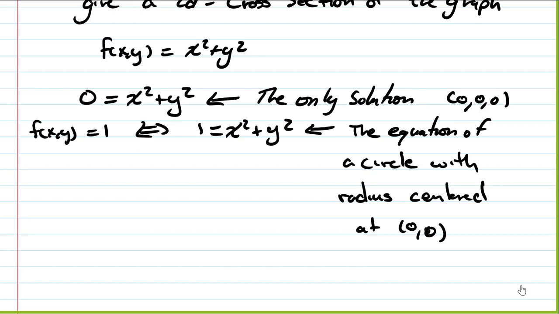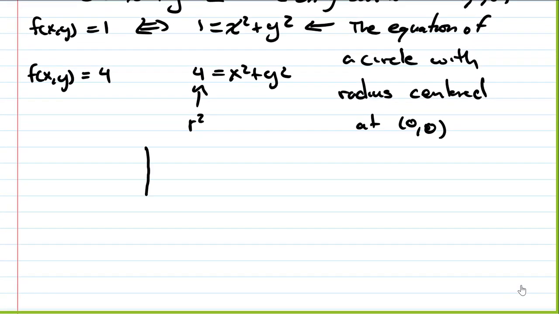And in fact, if I keep doing that, if I did f of xy equals, say, 4, that would give me 4 equals x squared plus y squared. This is going to be our radius squared. So that would be another circle with radius 2.